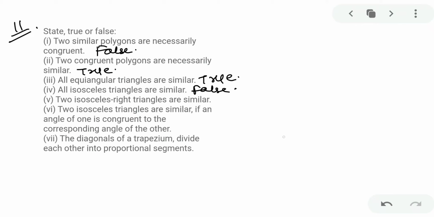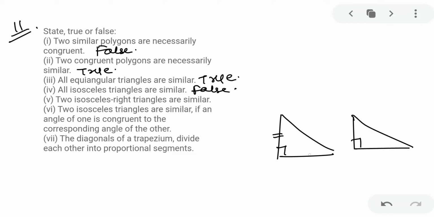Two isosceles right triangles. So can I put it this way? Now in this case, this is 90 degree and this is equal to this is equal to this. So this has to be 45, this has to be 45, here also 45, 45. So you can say if it is a right angle triangle and it is isosceles, then true that they will be similar. The both triangles will be similar.